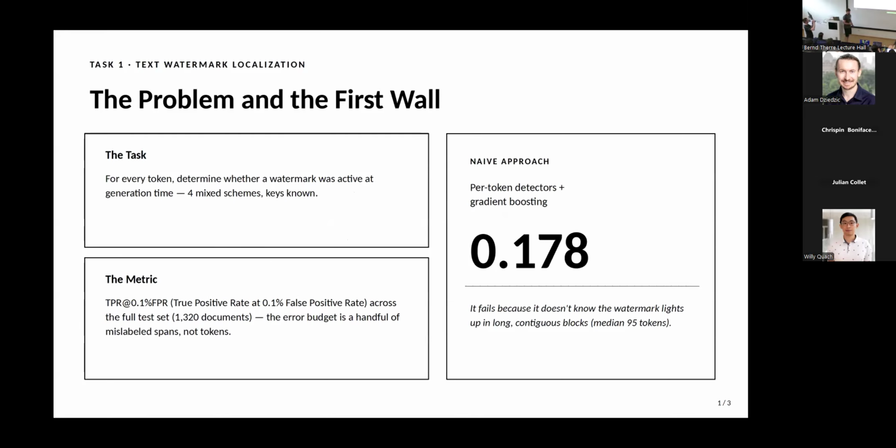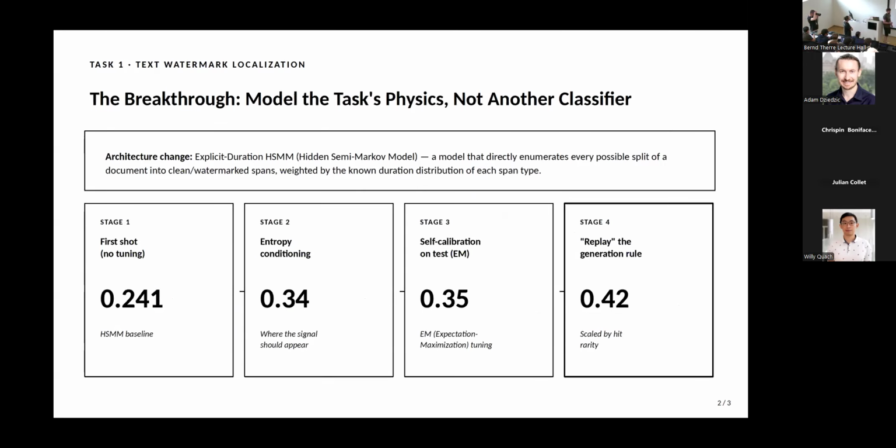The first thing is that the error budget was quite small. It's just a handful of spans, not tokens, so it's quite hard to tackle. We started with a naive approach with some gradient boosting models, fed with features from a part of our four detectors. That gave us our first result, but it quite failed because it treats tokens separately.